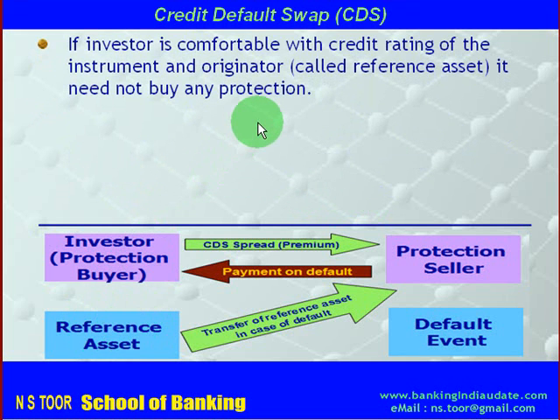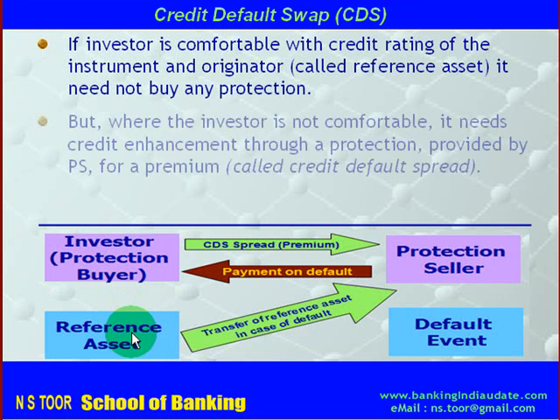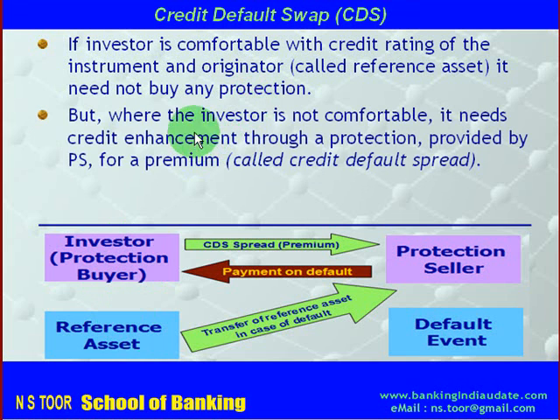If the investor is comfortable with the credit rating of the instrument or that of the originator, in that case he does not need any protection. But it is possible that he is not comfortable with the reference asset. In that case he will require credit enhancement, and that credit enhancement will be by way of protection, and that protection will be provided by the protection seller, and for that he will charge a premium, and that premium is called the credit default spread.